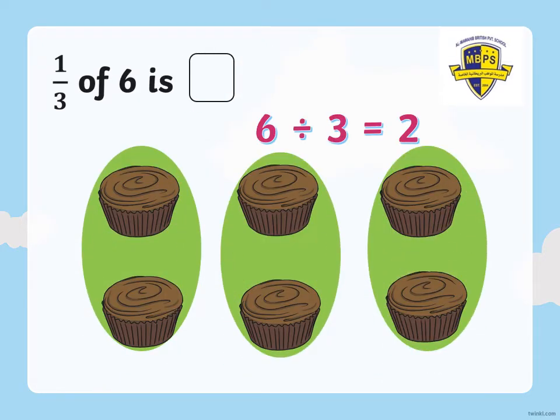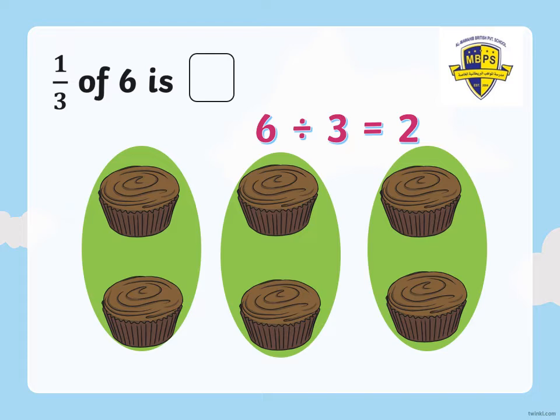Alright, come on students. On this slide we have to find 1/3 of 6. Now when I say 1/3, we had done this before. We have to divide by which number? Very good. You have to divide by the number 3 because we have 3 as the denominator.